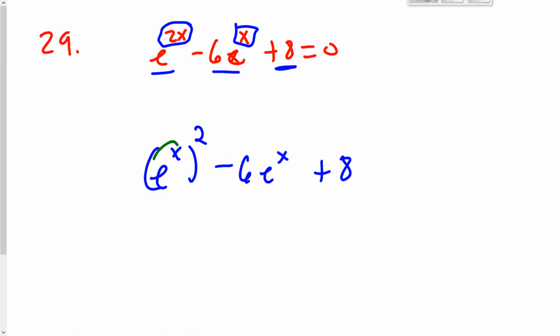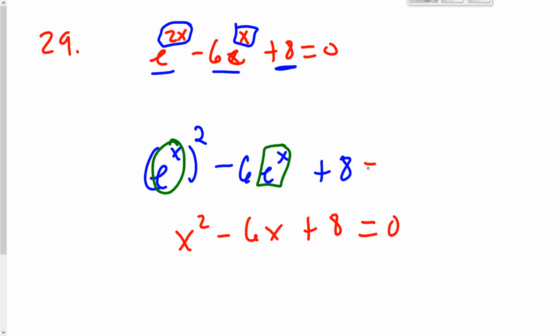Right, so then we have the same kind of thing here. If we replace that e to the x, they do it with u all the time, and it's called quadratic form. We talked about this before, but just not with e to the x. So this is like x squared minus 6x plus 8, right? It's a quadratic equals 0.